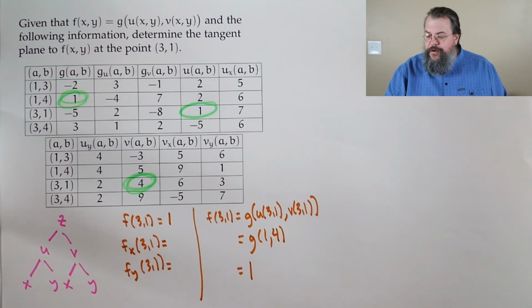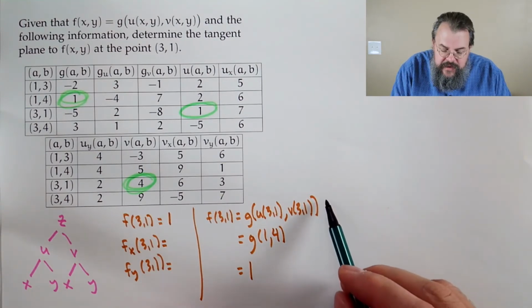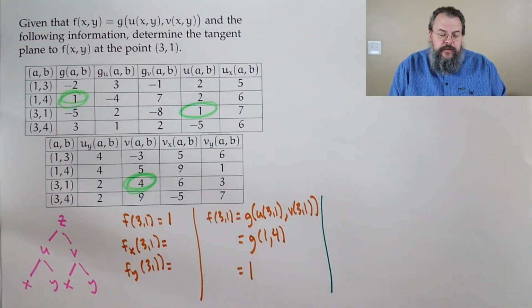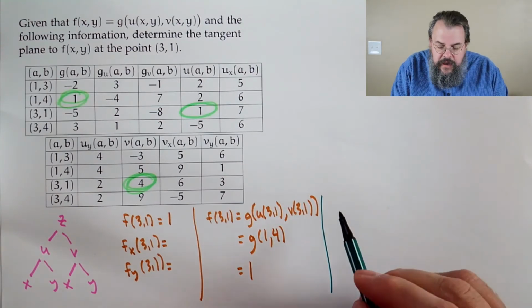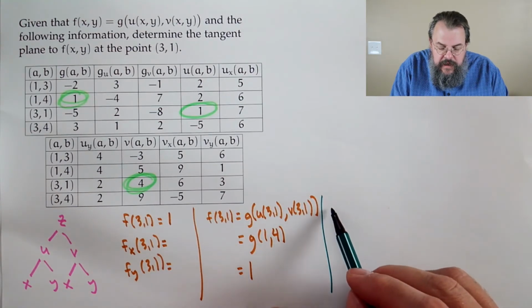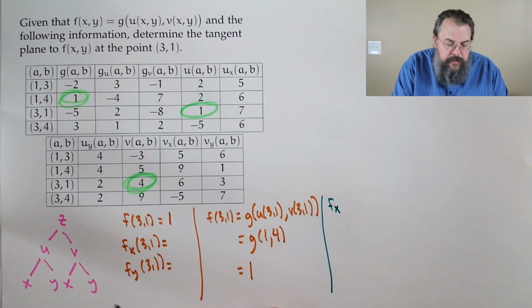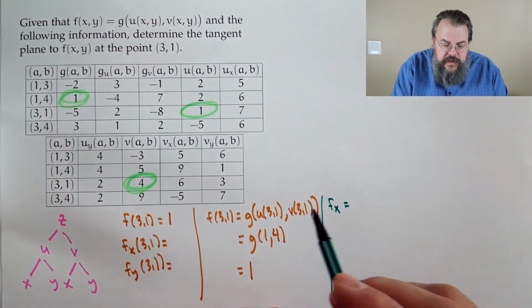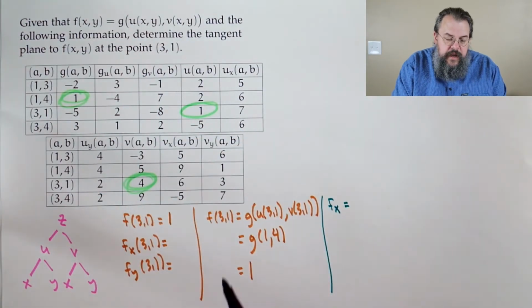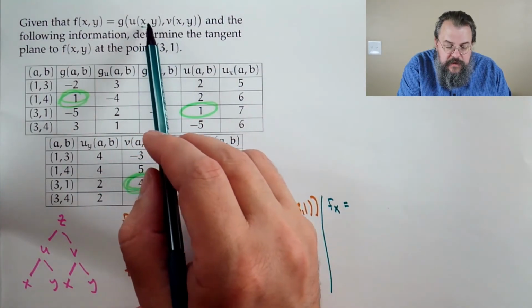Let's dig into some of the more interesting thirds. Let's tackle the partial derivative with respect to x. f sub x, when I'm taking the derivative with respect to x, is what? If we follow it here, x shows up in two places.